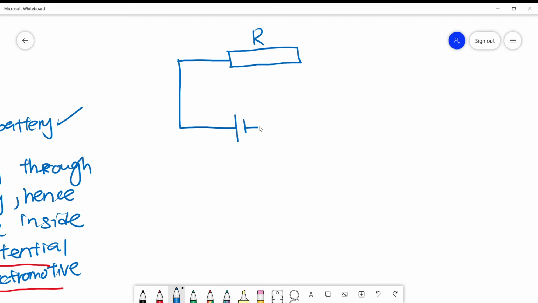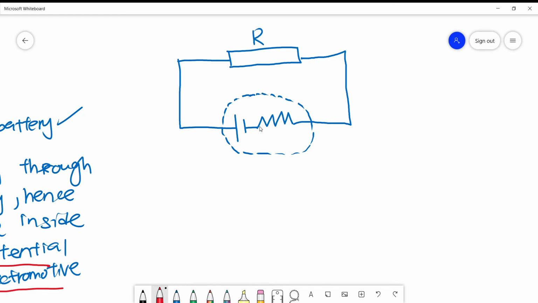This is the battery, and this is the internal resistance that lies inside the battery. This dotted line indicates the battery. And this is the direction of the flow of current.